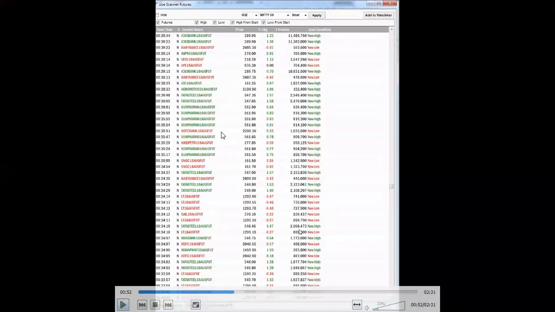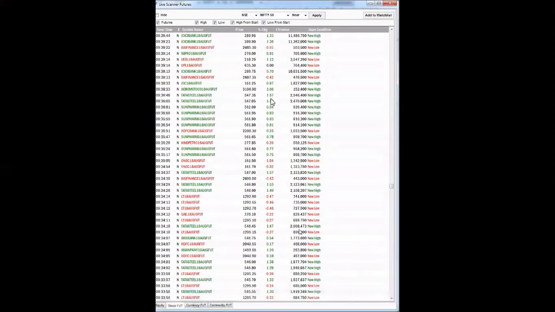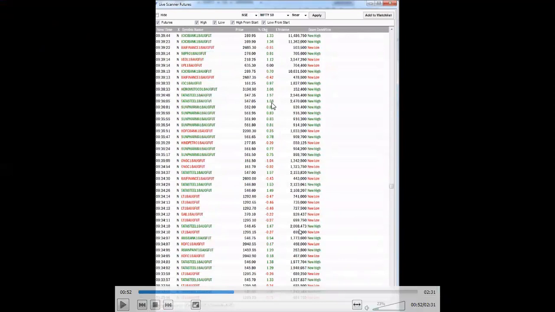Okay, you see Tata Steel. Tata Steel is coming around 9:36, and it's coming back to back. It's 1.58, not near 2%, but we can expect it will go above.